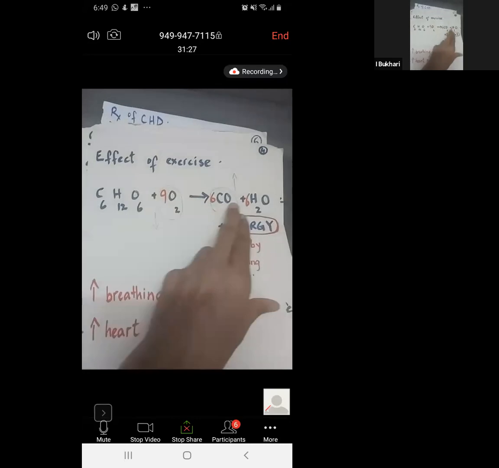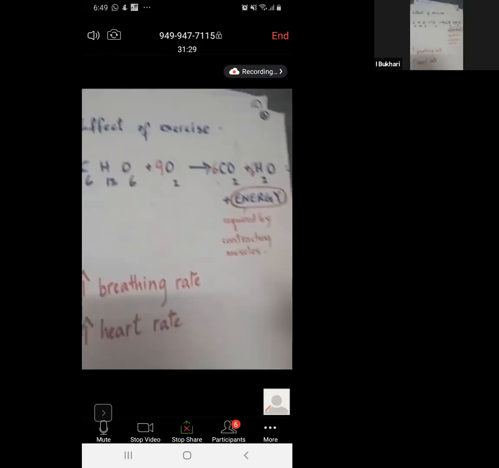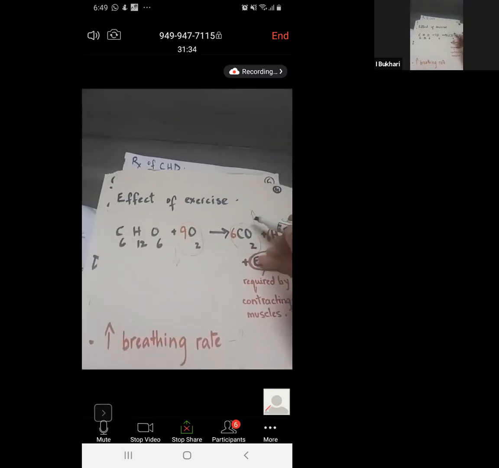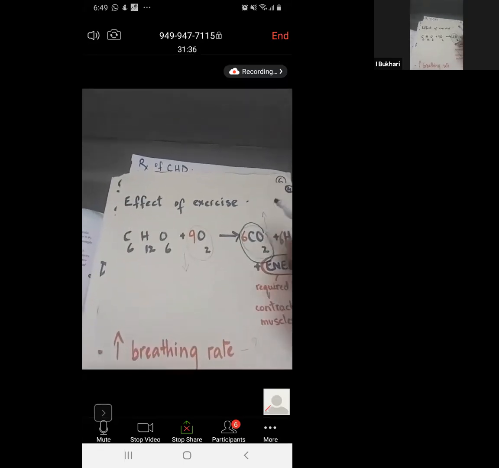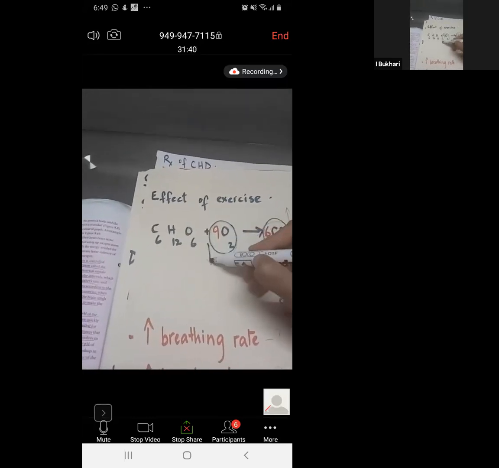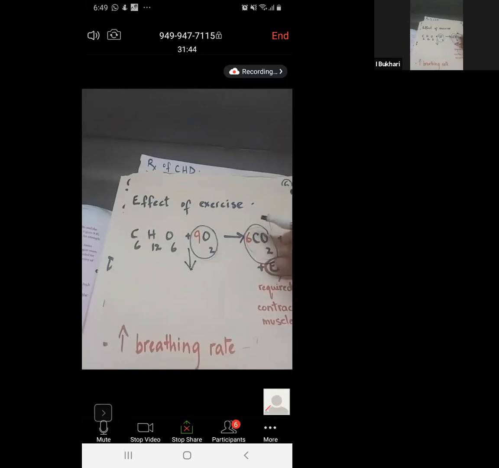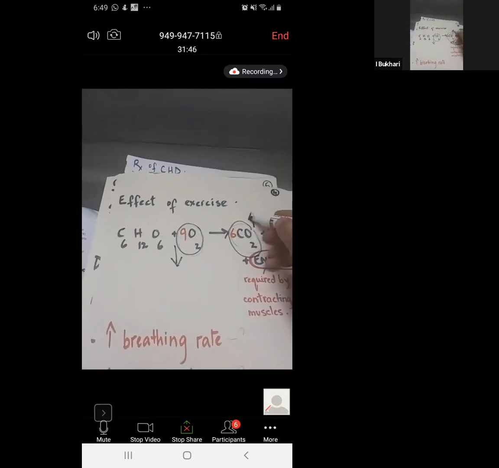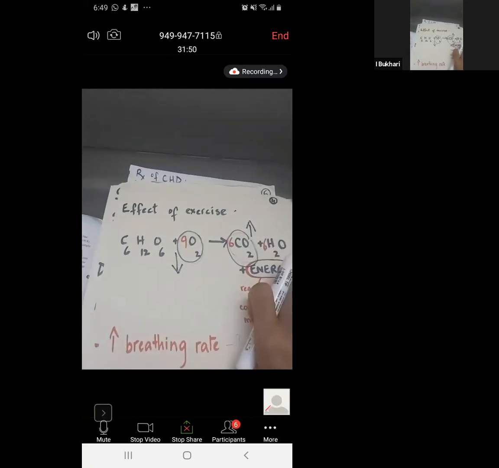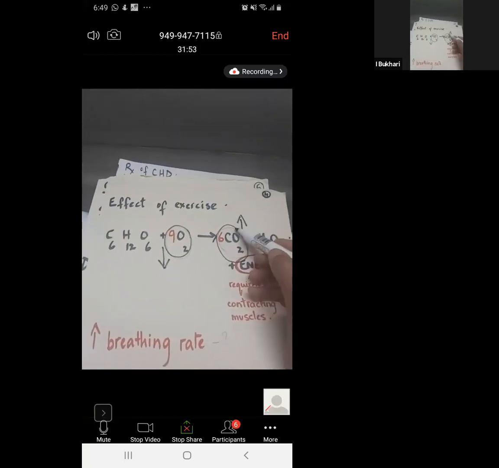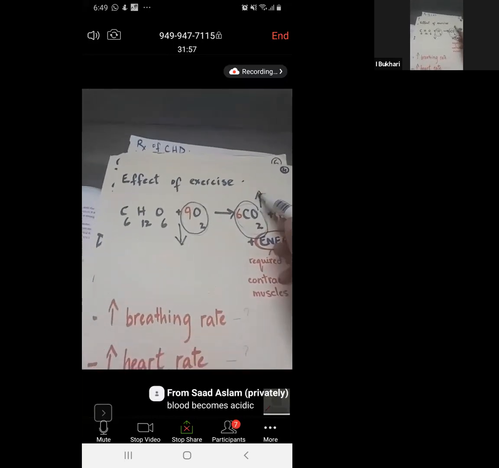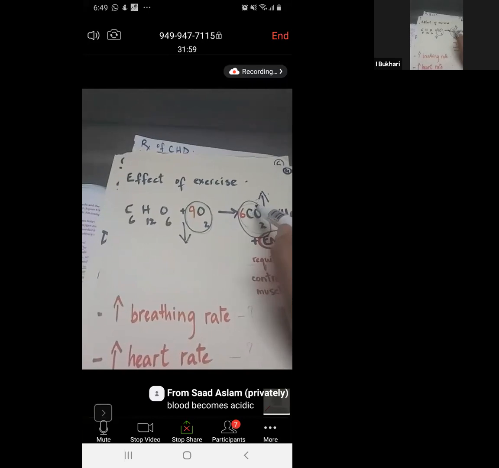The level of oxygen decreases because the muscles are using it, as a result of which the level of carbon dioxide increases because this reaction is going forward.